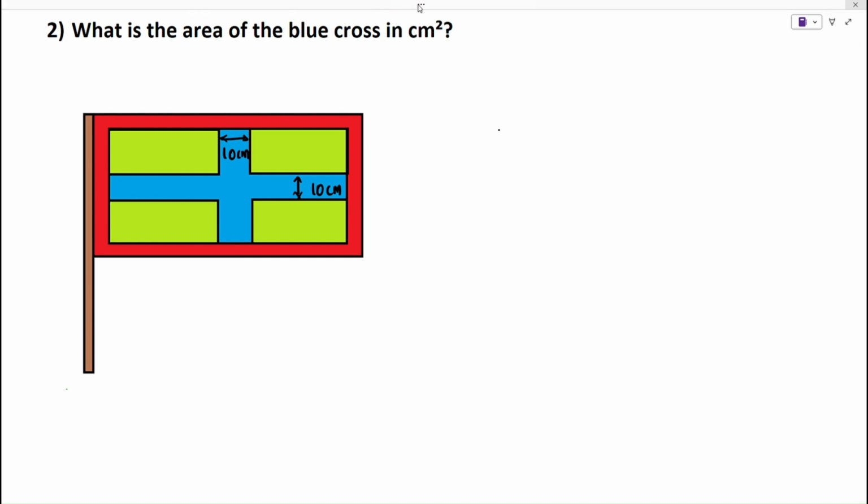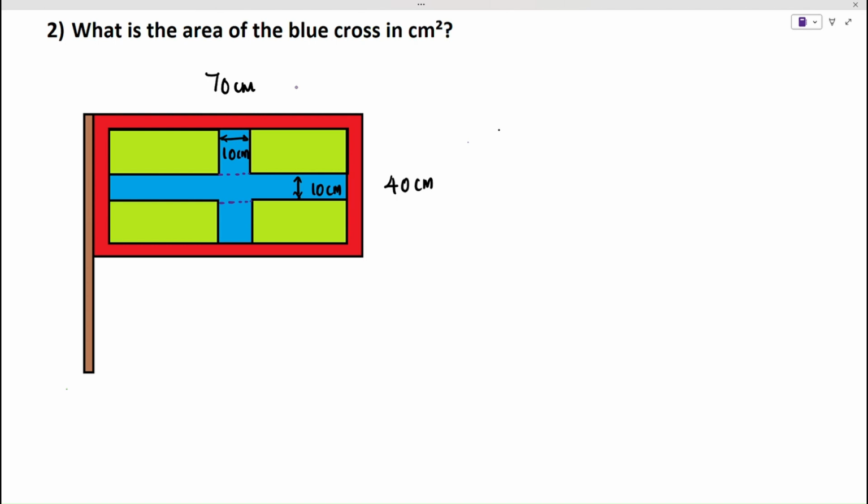So let's split our cross into 3 sections by extending the horizontal lines. If we just extend the lines here and here, we get 3 sections.